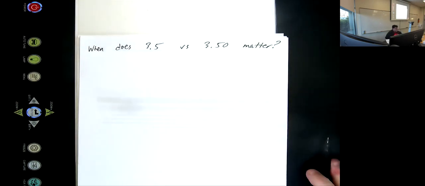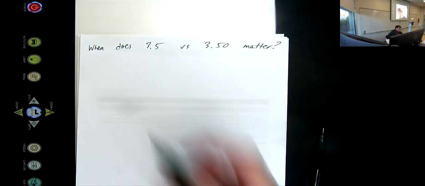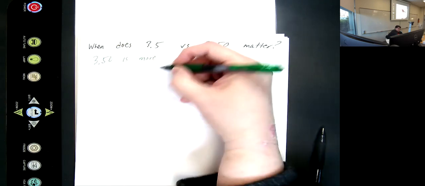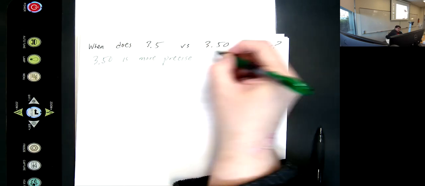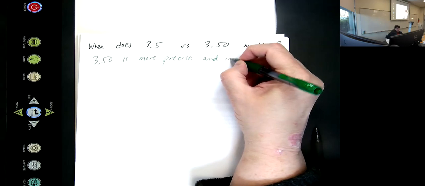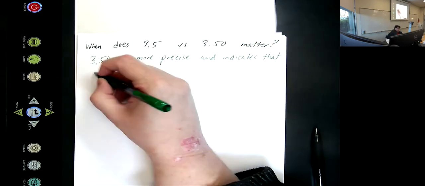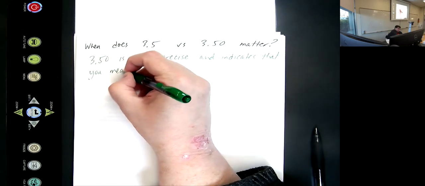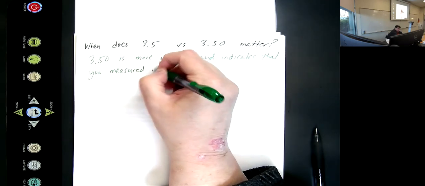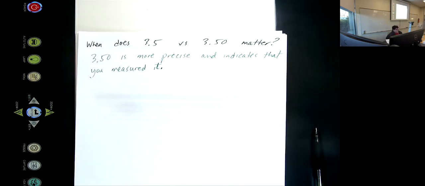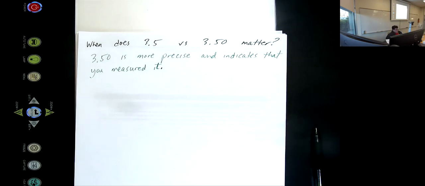Nailed it. 3.50 is more precise, and indicates you basically go one step further, that you measured it. Not only was it 3.5, it wasn't further and it wasn't below. Right. Because we're about to get into rounding, and sometimes you round and it goes to 0, and you don't want to leave it off when you round to 0.